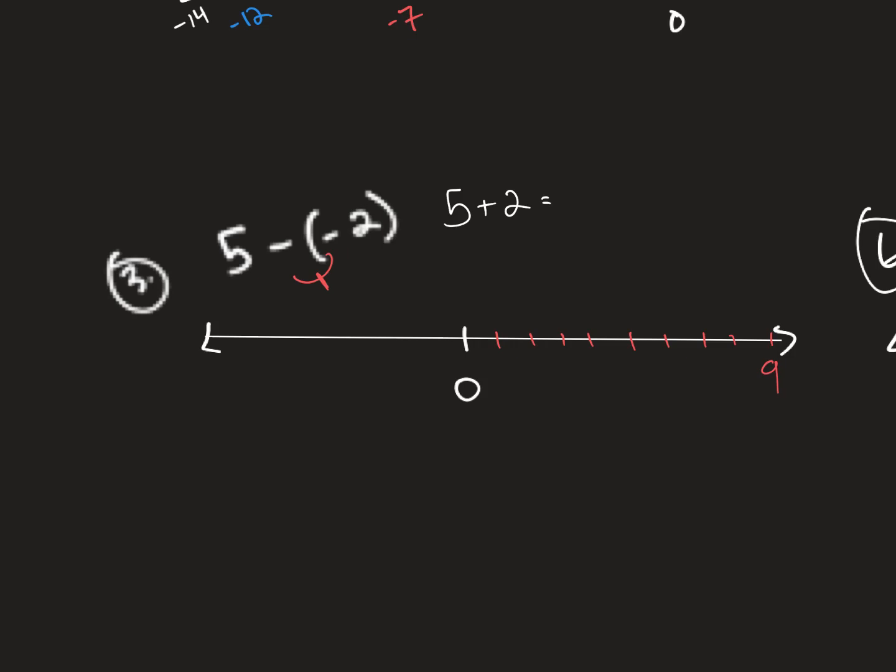So I am going to plot 1, 2, 3, 4, 5 as my starting point. And then I count 2, 1, 2 is my end. So 5 minus -2 is actually going to get me equal to 7.